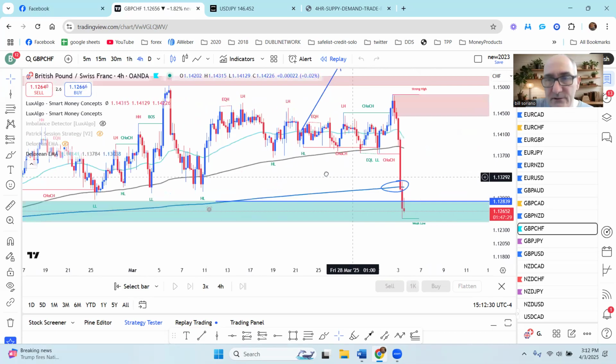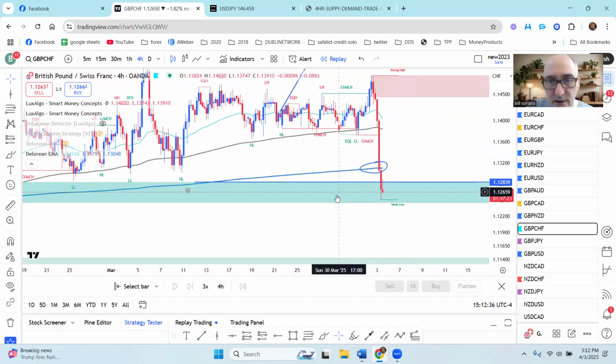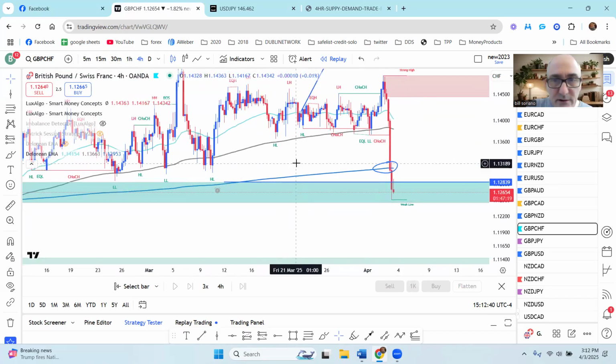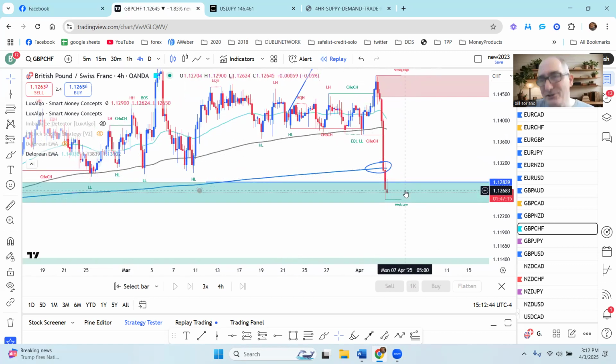You can see what happened as it moves down. It goes into our supply zone down here that we had marked up. I'm sorry, that's our demand zone. The supply zones are what we sell from; this is a demand zone that we would look to buy from. So it goes down into our demand zone.